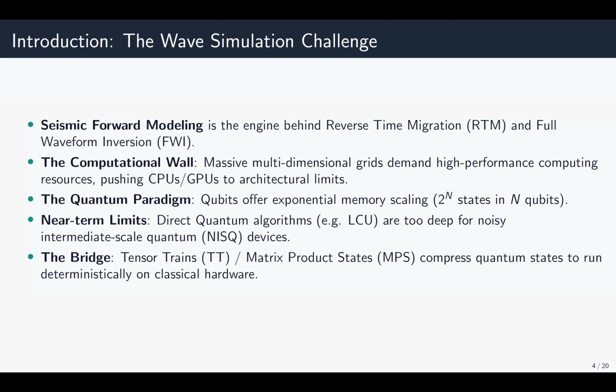Okay, the seismic forward modeling is the first step for full waveform inversion. The full waveform inversion is basically when you reproduce the layer structure. Quantum mechanically, you hope that instead of 2 to the n states, you can use n qubits.